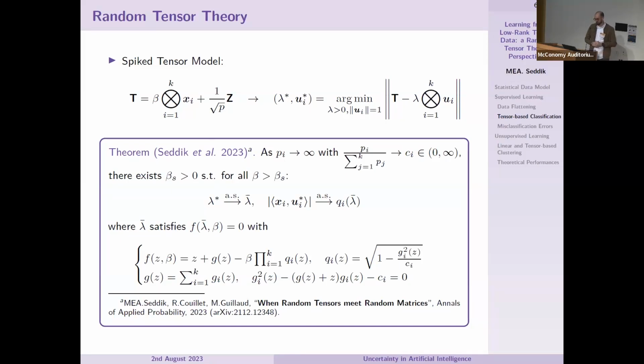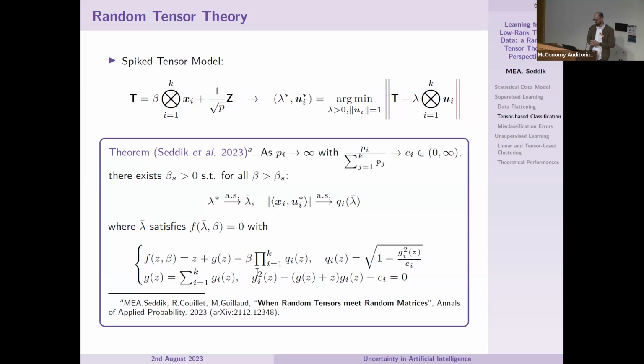In this result, what we gave exactly is that as the dimension goes to infinity, the spectral norm corresponding to the best rank 1 approximation will converge to some quantity almost surely, and the alignments between the estimates, the cosine similarity, will converge to some quantity qi of this lambda bar, where these quantities are defined through some fixed point equation.